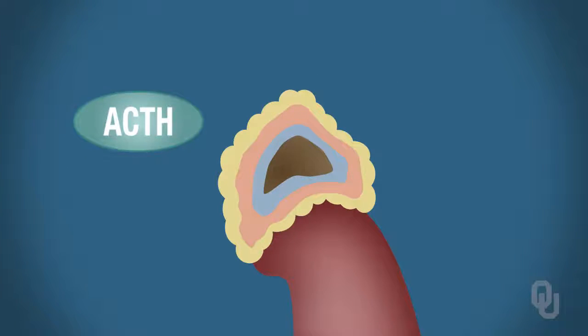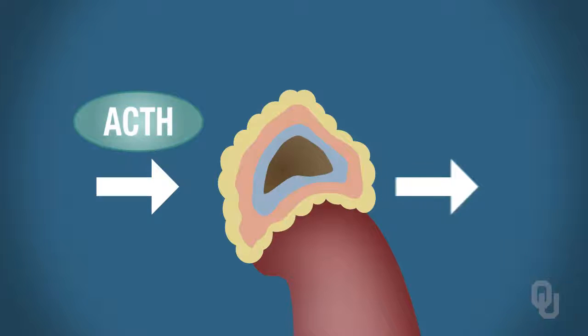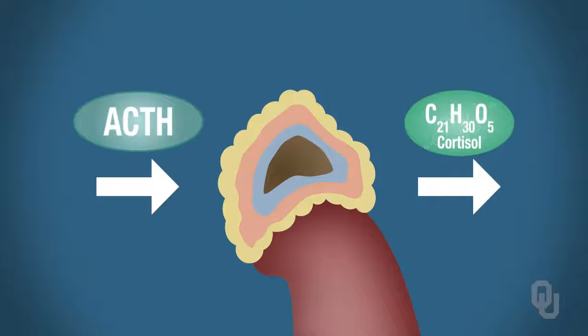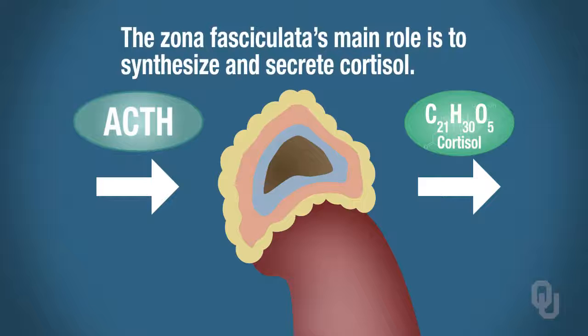So ACTH binds to receptors on the zona fasciculata, and that stimulates the zona fasciculata to synthesize and secrete cortisol, your stress hormone. Now, the zona fasciculata's main role is to synthesize and secrete cortisol.